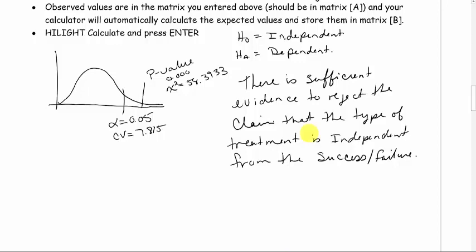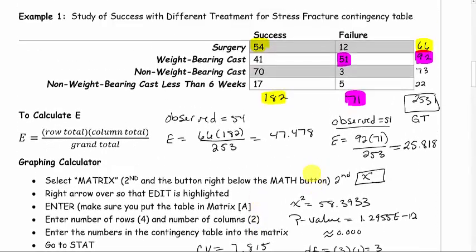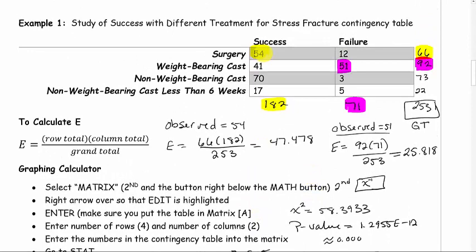And if we go back up and take a look at our table, out of the people who had surgery, 54 were successful and only 12 failures. Weight-bearing cast, 41 successes, 51 failures. Non-weight-bearing cast, 70 successes, 3 failures. And if you had your cast for less than 6 weeks, it was 17 successes and only 5 failures.